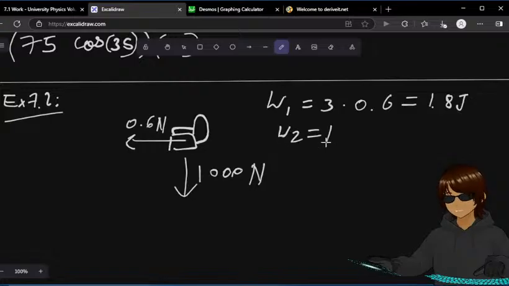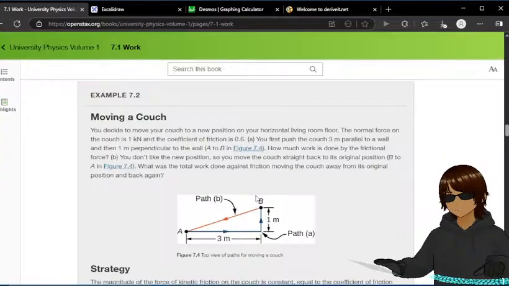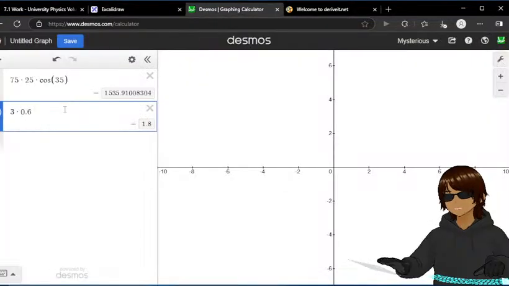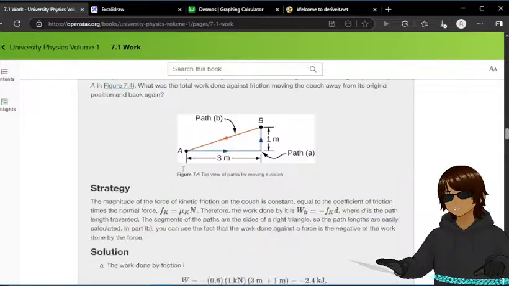And then 1 times 0.6 is 0.6 joules. Work here, work here, so then this becomes 2.4 joules.